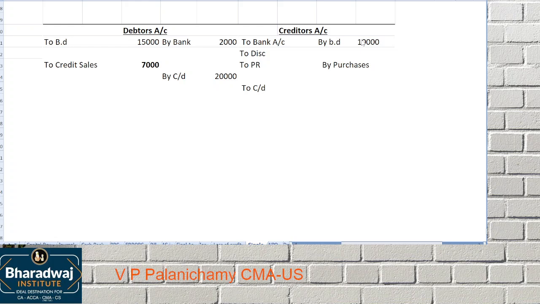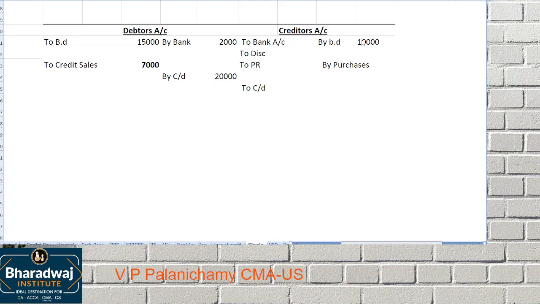How much is paid by check? How much have we paid to creditors by check? Look at the bank statement. How much is paid to creditors? 40,000 is paid to them. No discount in the question, I think. No purchase returns. Tally it and you will get credit purchase as a balancing.